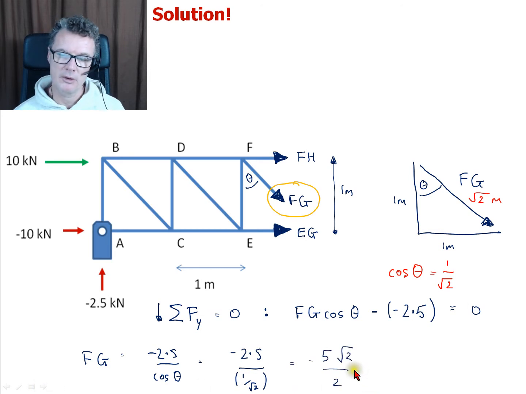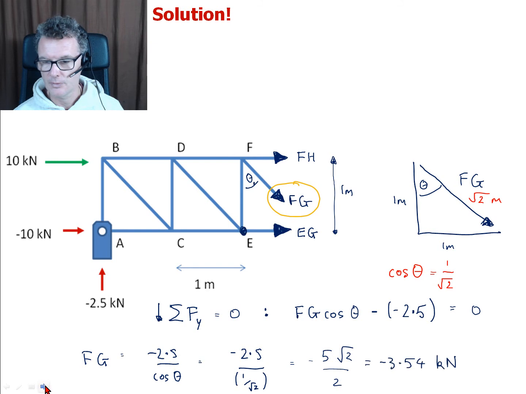Well, we could write our final answer with the denominator with a 2 there, and we have a minus 5 root 2 divided by 2. Put that all into your calculator and you get minus 3.54 kilonewtons. So it's a negative answer, so let's tell the reader that it's in compression.